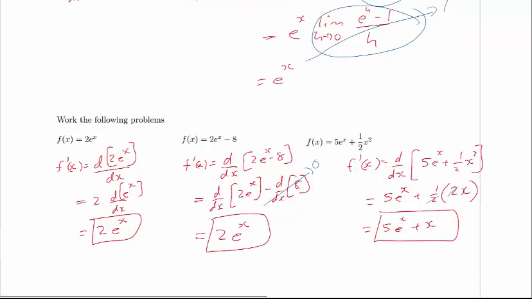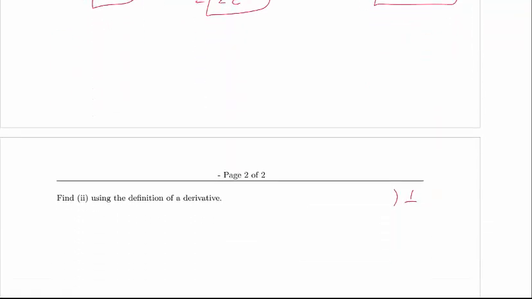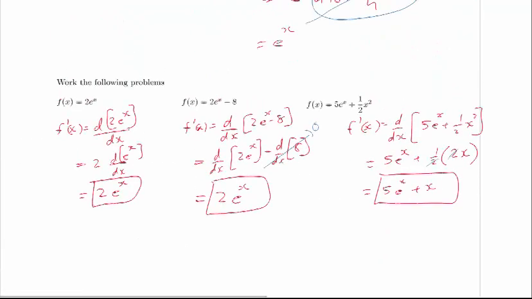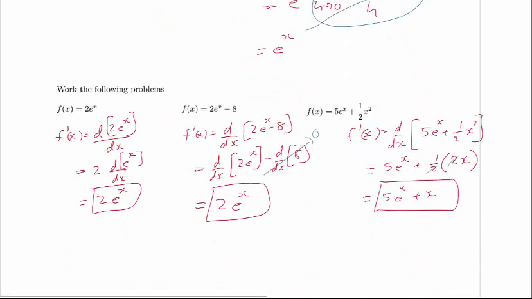All right, so now we're going to go on, and we're going to find the derivative of the second one over here, the natural log of x, and I'm going to go ahead and tell you right off the bat that the answer is going to be 1 divided by x.